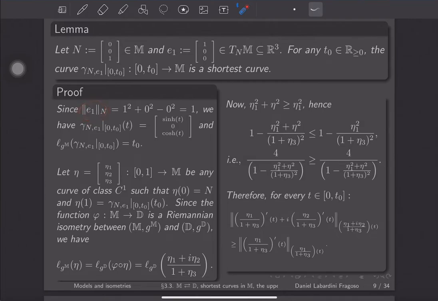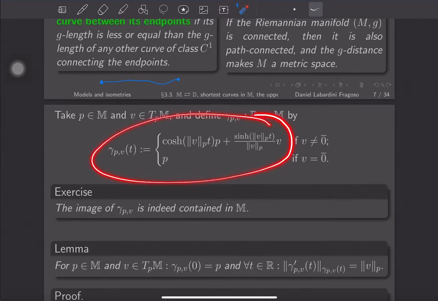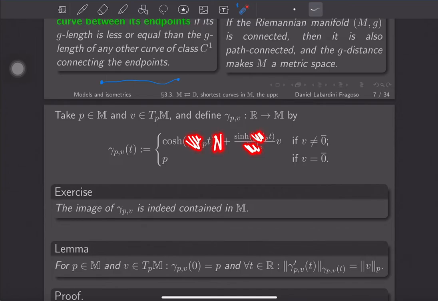this norm is then equal to 1, right? The Minkowski norm, so here it's equal to 1. So that means that in this expression, this is 1, this is 1, this is n, which is 0, 0, 1, and this is 1, 0, 0.